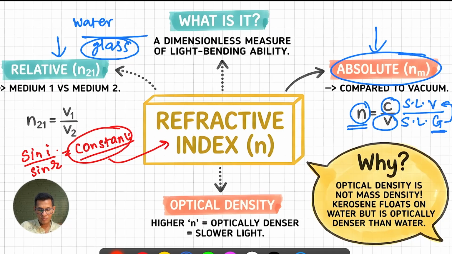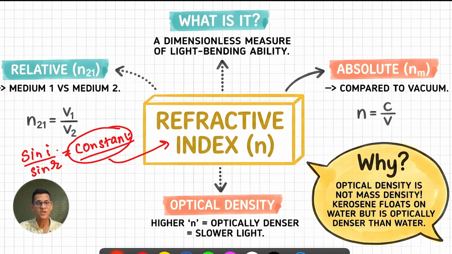This time my formula would be the refractive index of medium 2, which is glass, with respect to medium 1, which is water, equal to the speed of light in water divided by the speed of light in glass. This is called relative refractive index because I am comparing the speed of light in glass with the speed of light in water. I am not comparing it with the standard, that is vacuum. So this is relative refractive index.